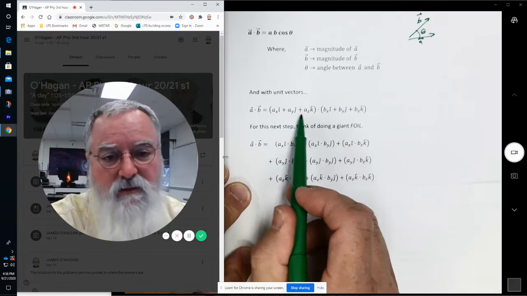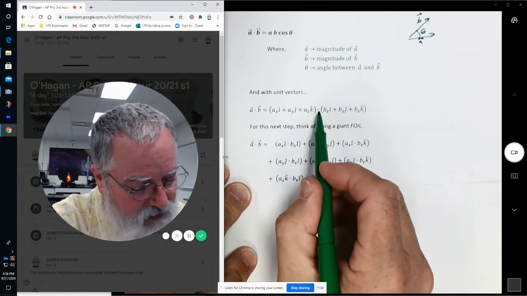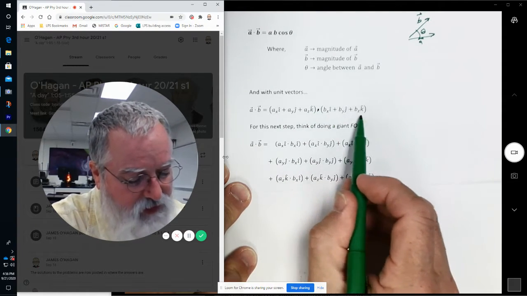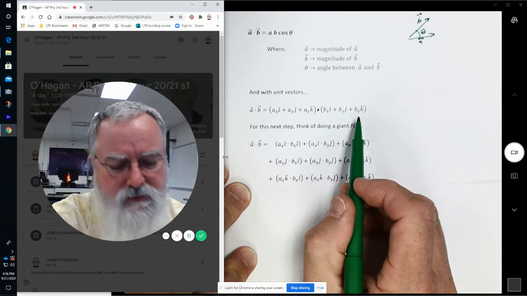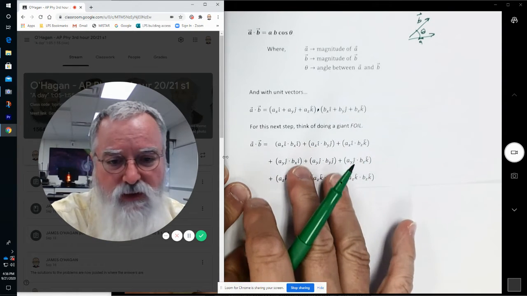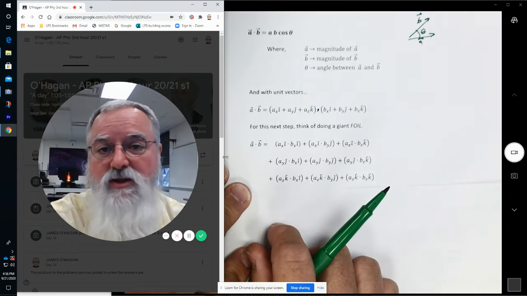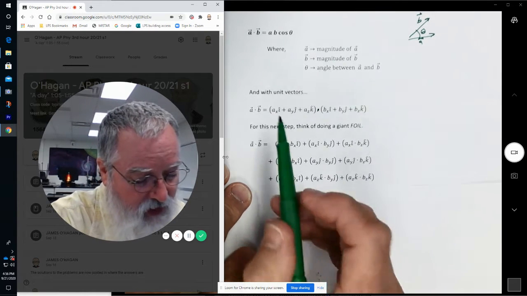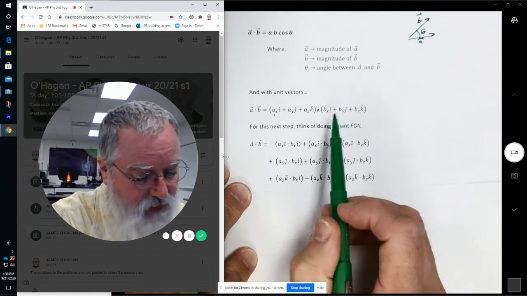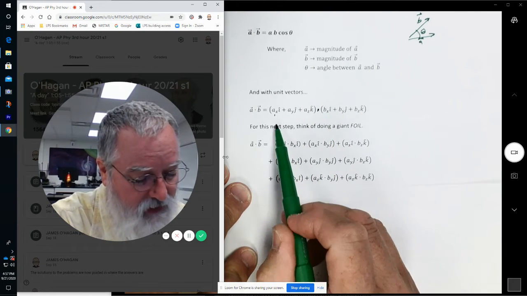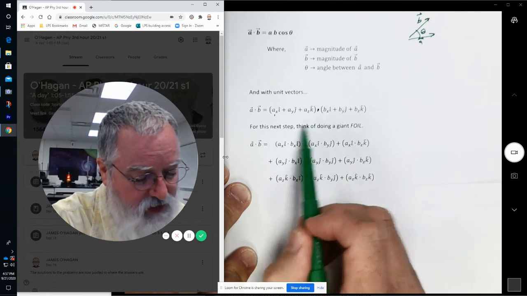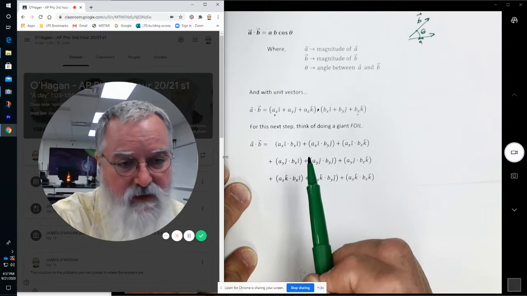This represents my A vector, and I'm going to dot it with my B vector. Now I do the actual math, thinking of a giant FOIL: I multiply this term by this one, add that to this term multiplied by this, and add to this term multiplied by this.